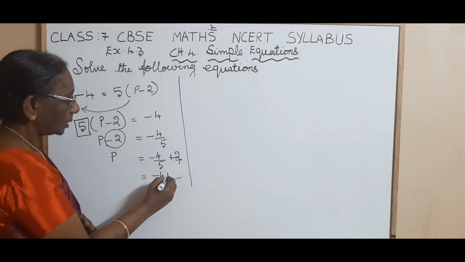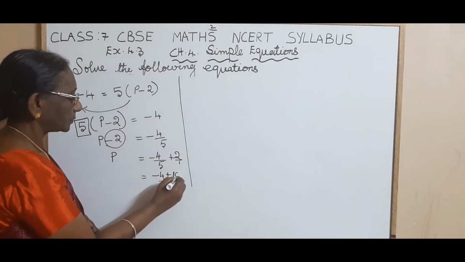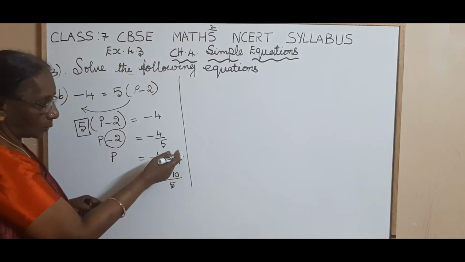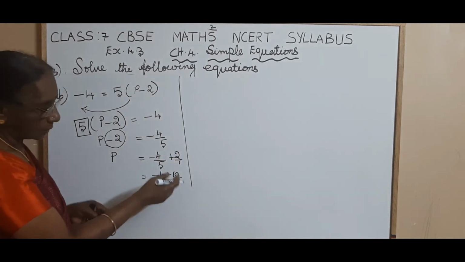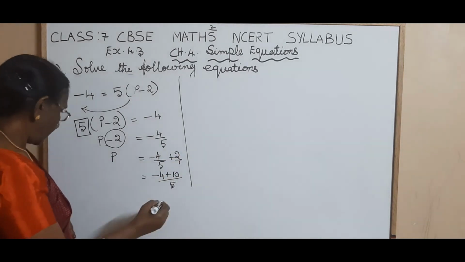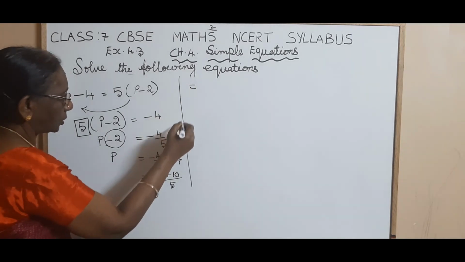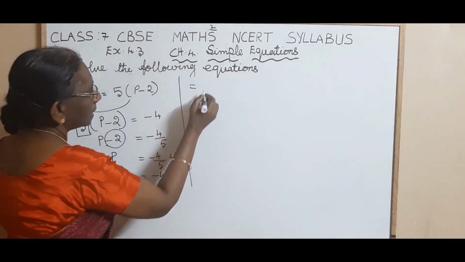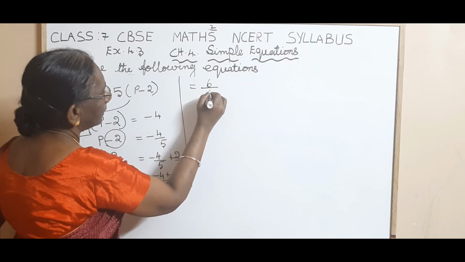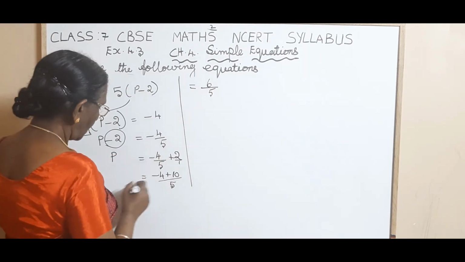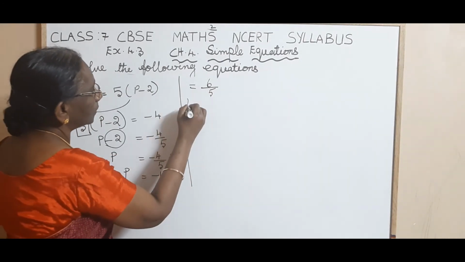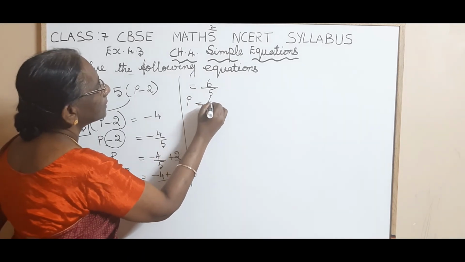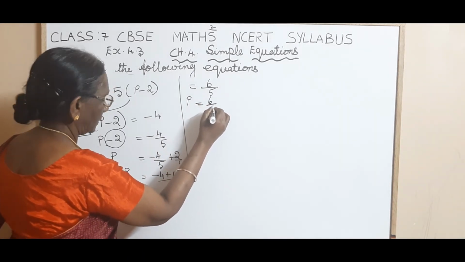Minus 4 plus 10. Because here 2 means 2 by 1. So now when you simplify, what do you get? 10 minus 4 is 6 by 5. So P is equal to 6 by 5.